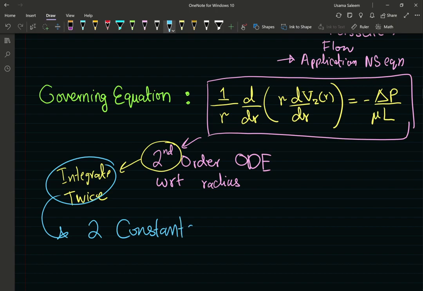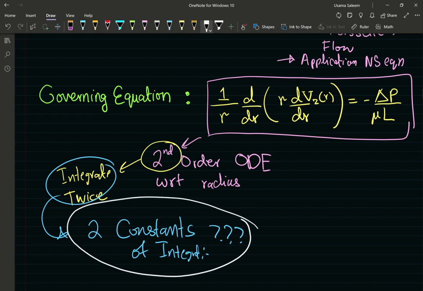I need to evaluate those constants. And how am I going to do that? Well, that's where my boundary conditions come into play. In order to evaluate those constants, I'm going to use my boundary conditions. And in this case, it's going to be two boundary conditions.